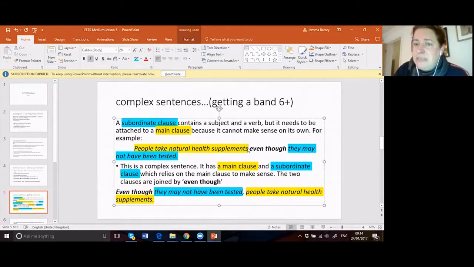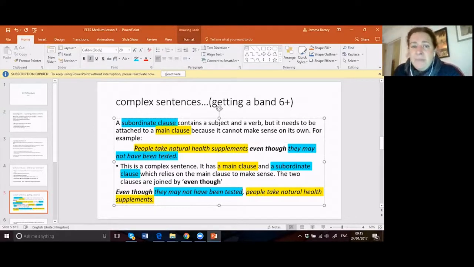And you would understand me. You would go, yes, that sentence makes sense. But if I just said to you in conversation, they may not have been tested, you're not going to understand what I'm talking about, okay? So this is the idea of a complex sentence where there are two clauses, which we've talked about, but you need both of them for the sentence to make sense, okay? And they're joined by some different linking words.